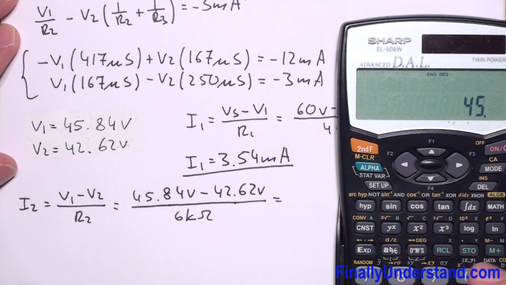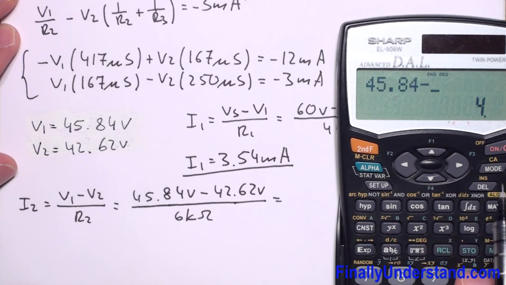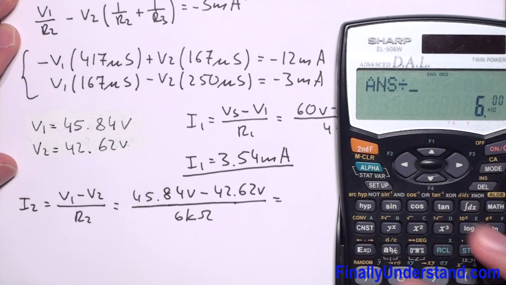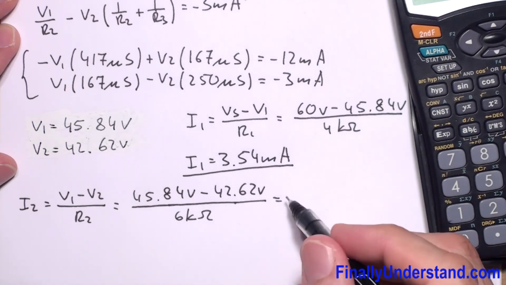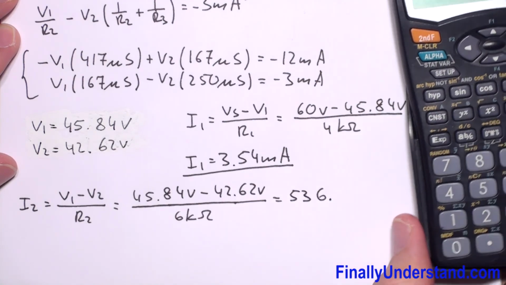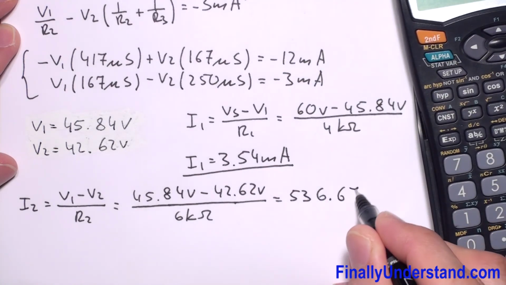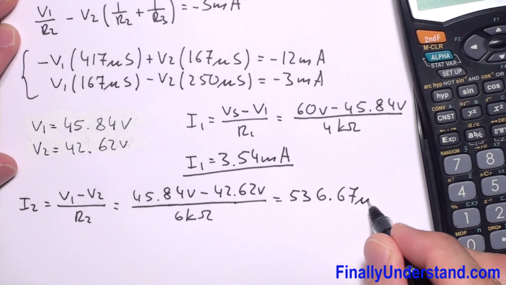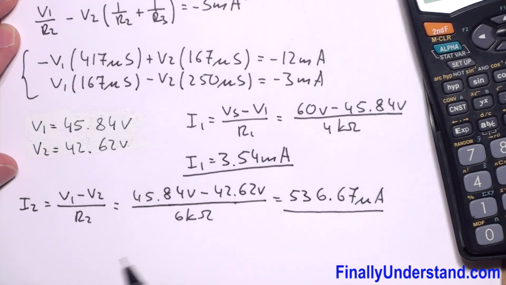So I have 45.84 minus 42.62 is equal, divided by 6 exponent 3. This is equal to 536.67 microamps. Okay, so this is the current I2.